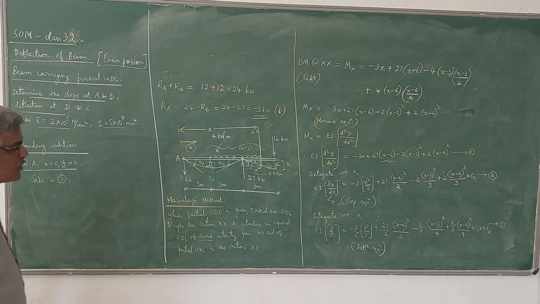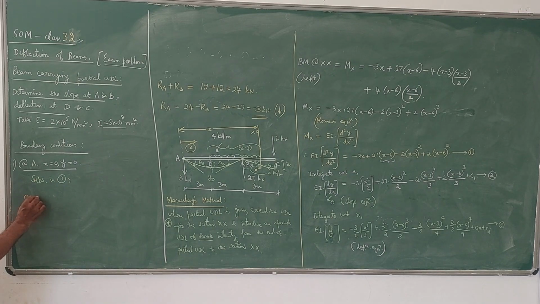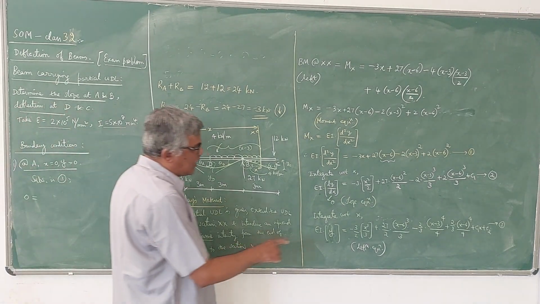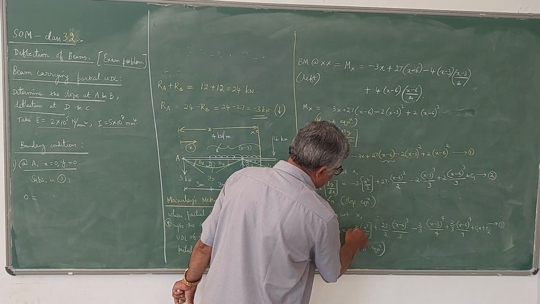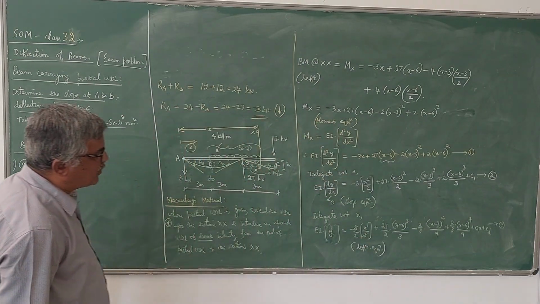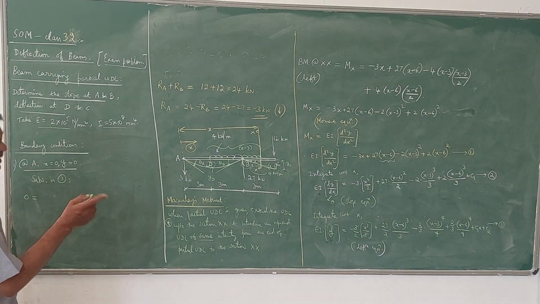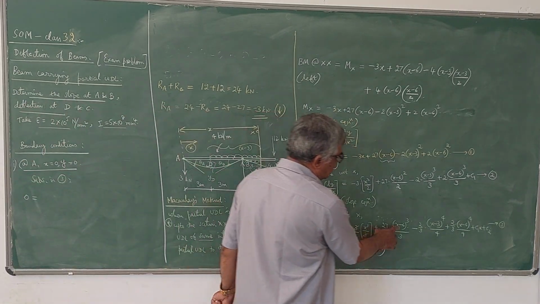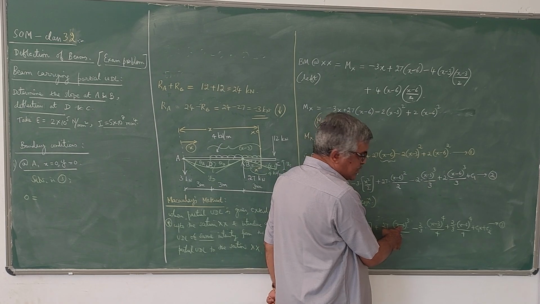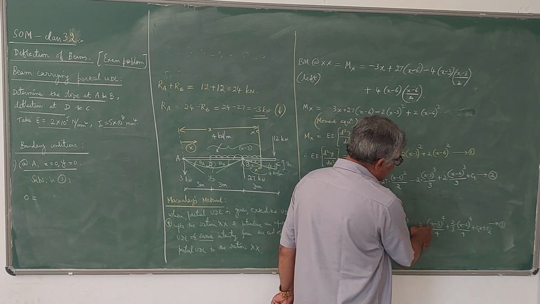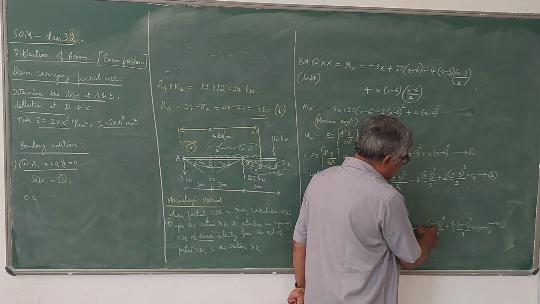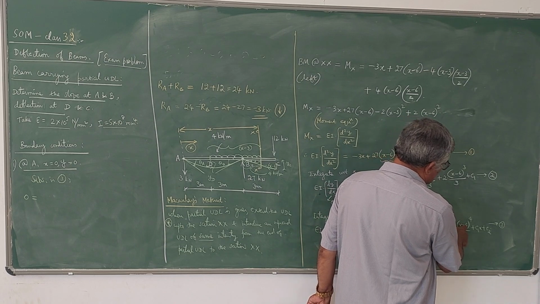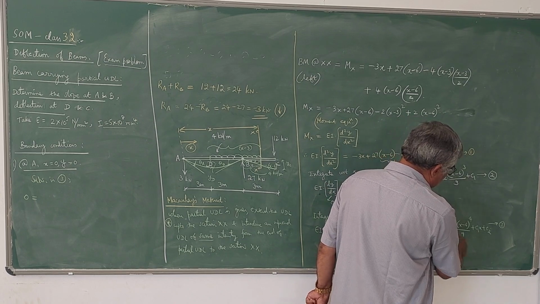So I put LHS as 0 now. 0 is equal to RHS, which is minus half into x cube. Since x is 0 there, the first term will vanish. Second term, 0 minus 6 is minus 6, negative, so neglect this term. 0 minus 3 is minus 3, negative, neglect this term. 0 minus 6, negative, neglect this term.